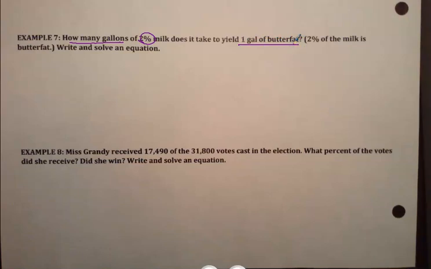Okay, remember our equation is the percent times the whole. So percent times the whole equals the part. So what's our percent? 2%. Okay, so we've got 2% times our whole. What's our whole? We don't know, right? How many gallons?